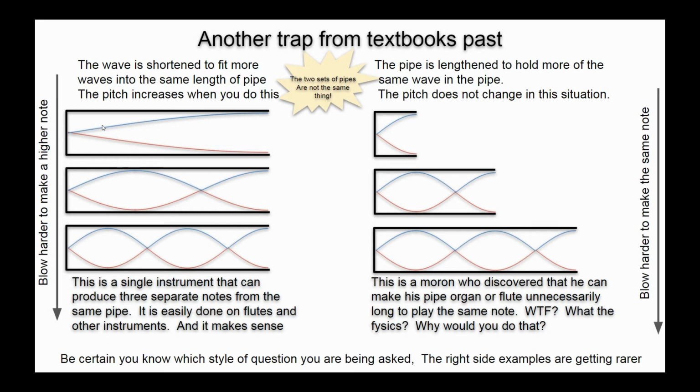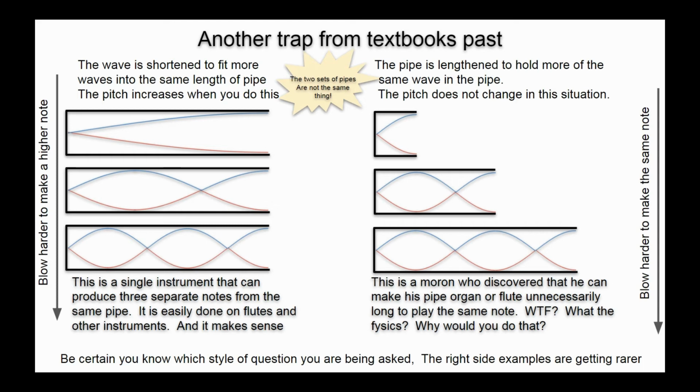This means that on a guitar or on a flute or any instrument that's using a standing wave, I can blow harder on a flute or pluck harder on a string instrument, and in the same available space, I can cram more waves. On a flute, this means the harder you blow, the higher the sounds. And I'm going to take the parent's nightmare called a recorder, the most awful musical instrument ever made, and I'm going to show you.